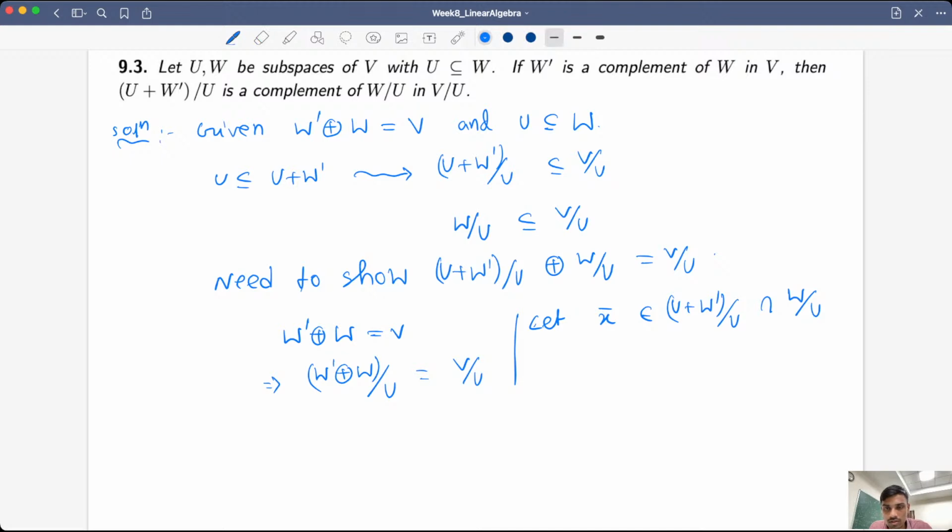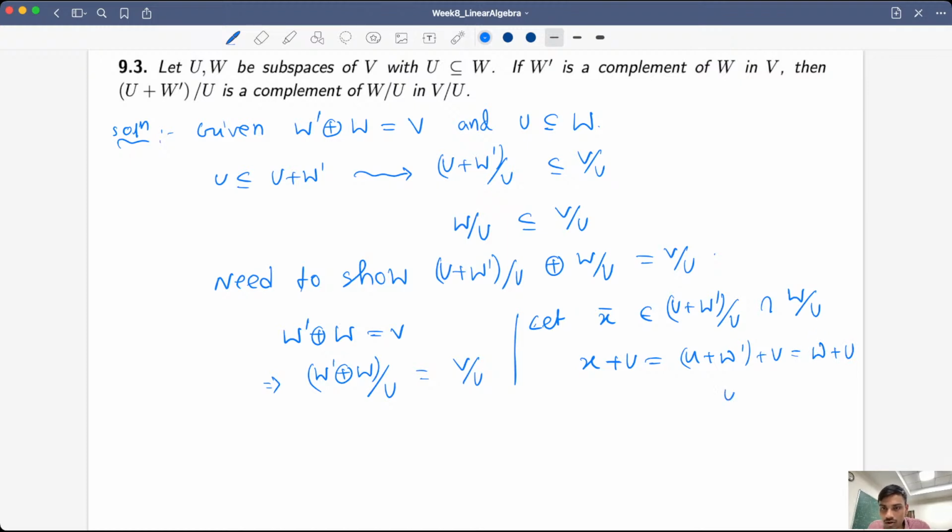So once this is the case, then x plus u equal to some u plus w prime plus u, and that is equal to some w plus u. All these things are in different classes.